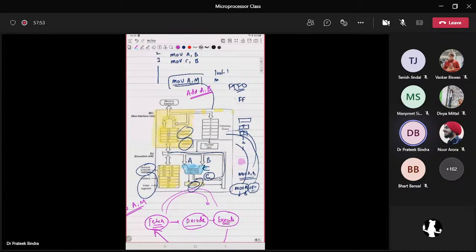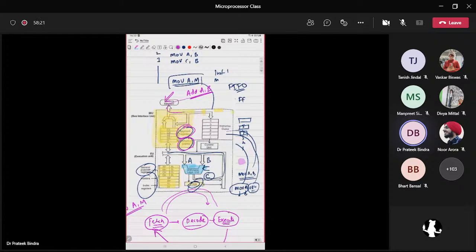Let us suppose this ADD AB is stored in this memory. Firstly, the address of this ADD AB is calculated by this particular segment register and instruction pointer, right? So firstly you will get the address and read the data which is stored in this particular memory location, that is ADD AB.